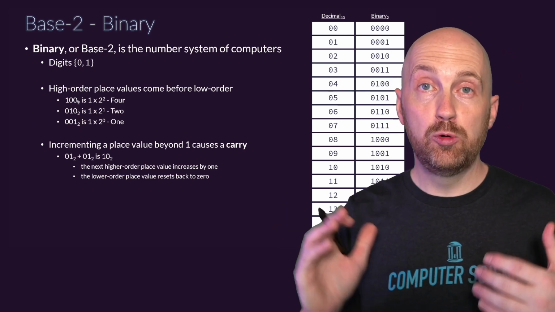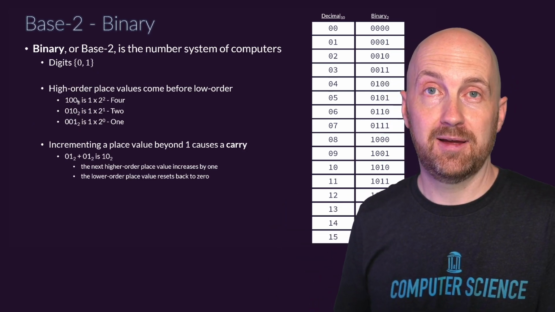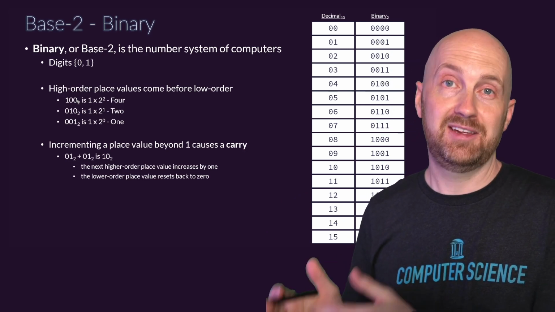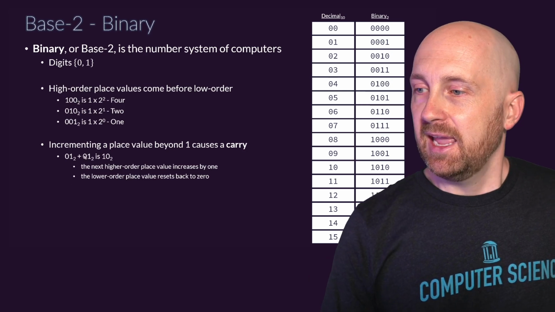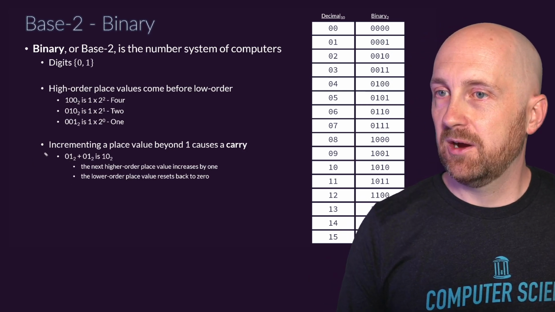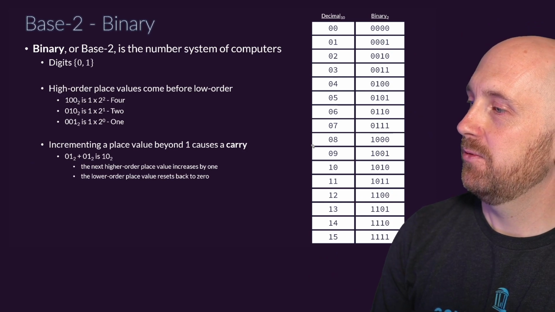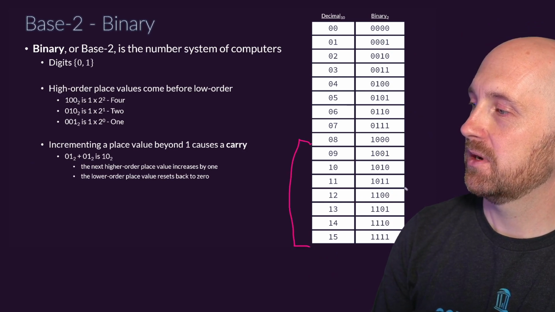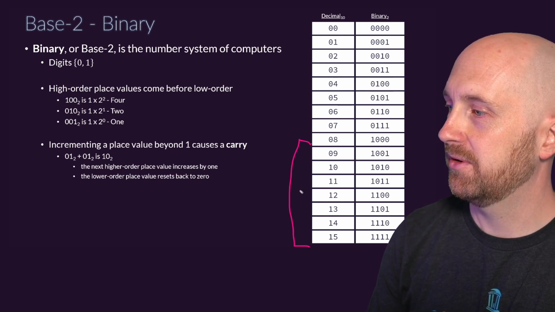So each time we move a placeholder over in base 2, we're increasing by a power of 2, whereas in base 10, each time you move a placeholder, you're increasing by a power of 10. And we looked at how the carry works out. If you wanted to check over your work for how the sequence of values of bits in a nibble increases from 9 to 15, you can see that over here on the right-hand part of this slide.